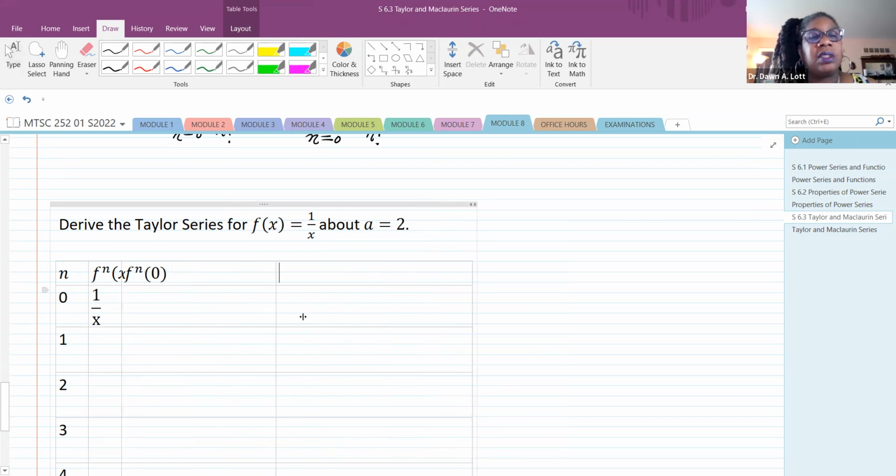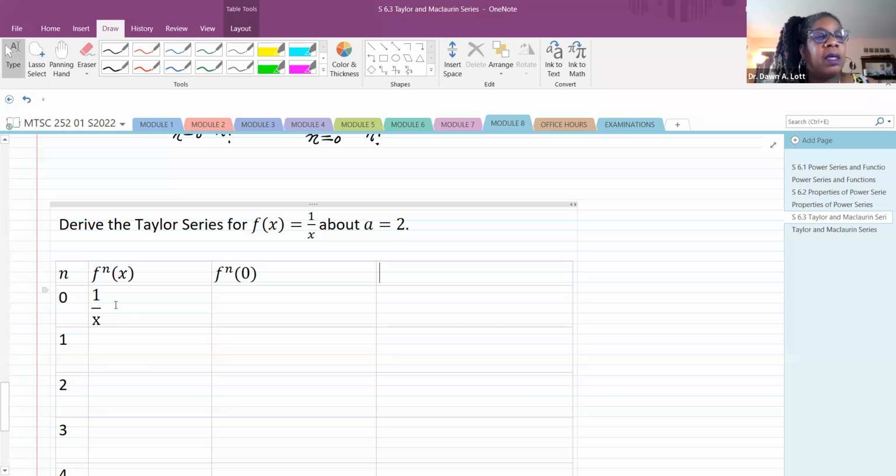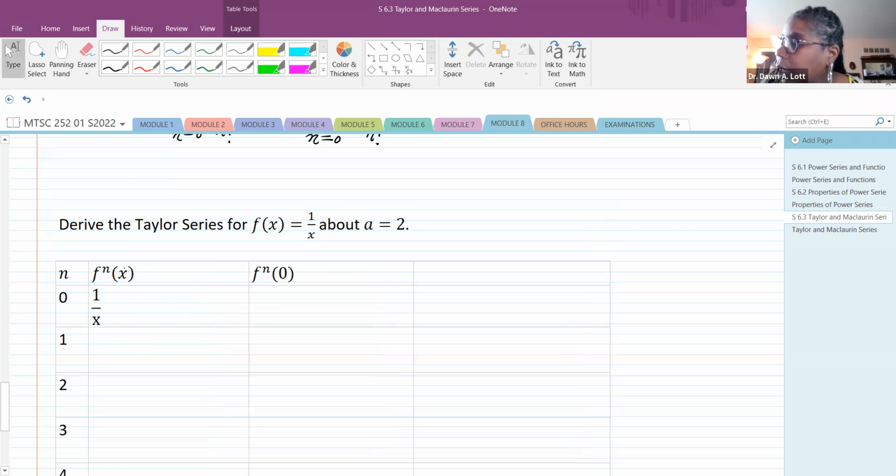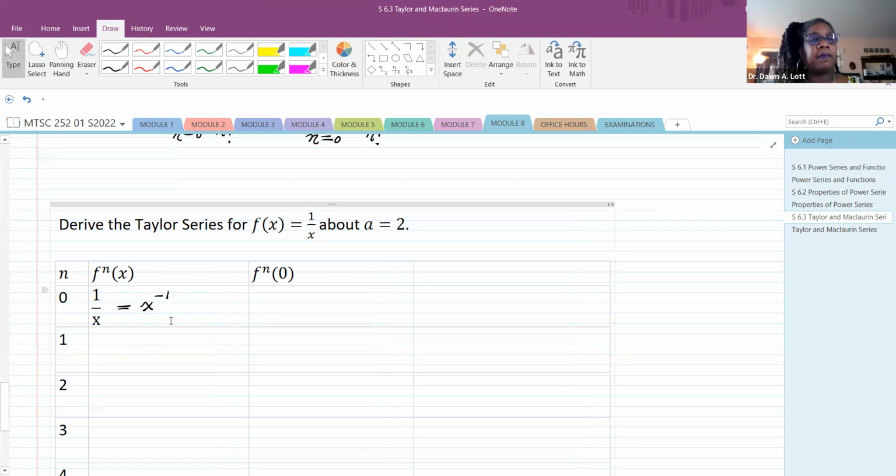Okay, so now this is a little more tricky. All right, because we start off with the function value being 1 over x, which we know is x to the minus 1. So for those people who like it like that, I'll write it as x to the minus 1. Okay.